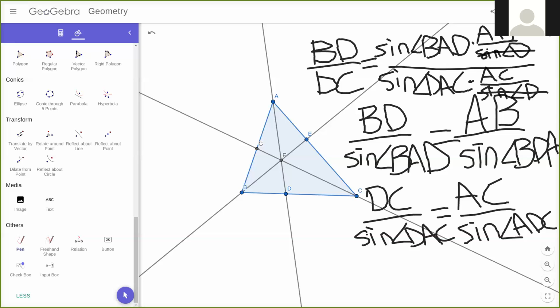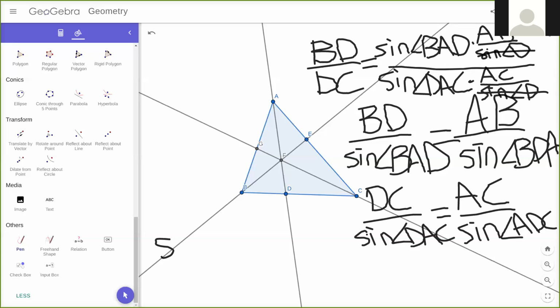Then we have just AB over AC and sine BAD over sine DAC. When we write the full Ceva's theorem, these AB over AC factors also cancel out, because you have AB in the denominator somewhere else and AC in the numerator somewhere else.